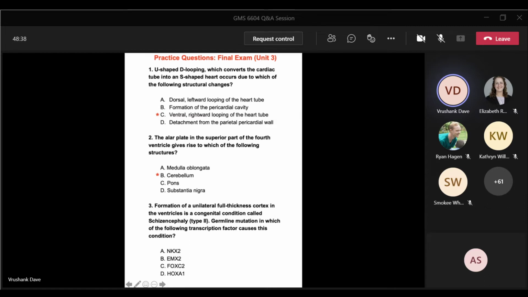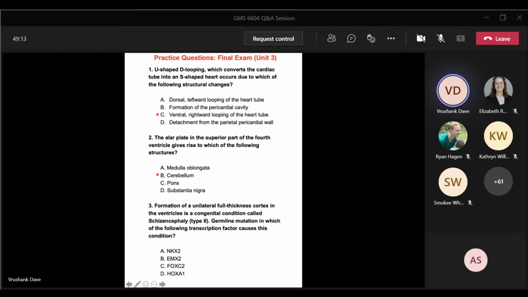Okay. How many of you know EMX2? And where does it come in? That's schizencephaly type 2, right? Yeah, that's correct. And what happens in schizencephaly type 2? What exactly happens, and how do you diagnose it? They have seizures and mental deficiency, and it's where you have a unilateral full thickness of the cortex, so there's no separation.